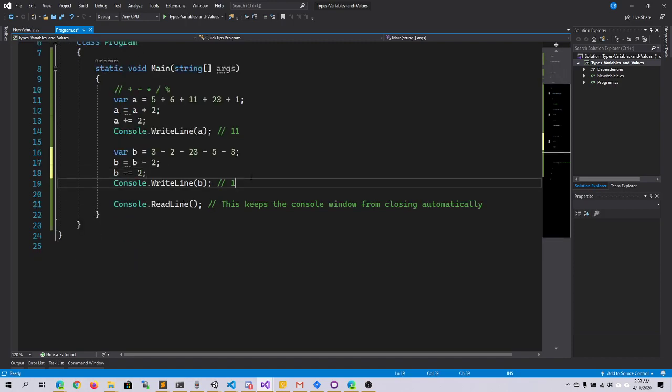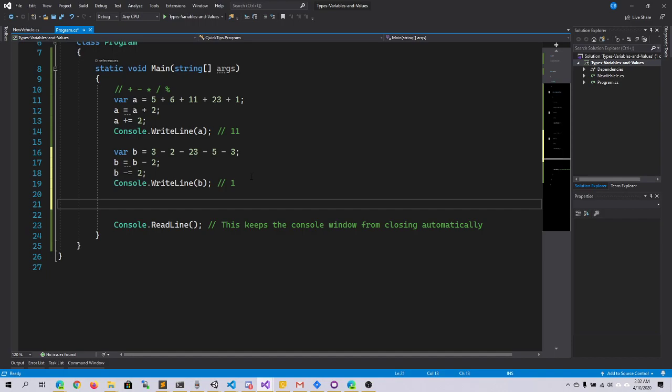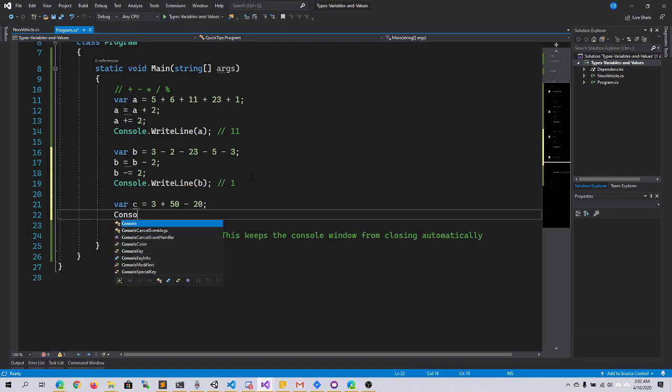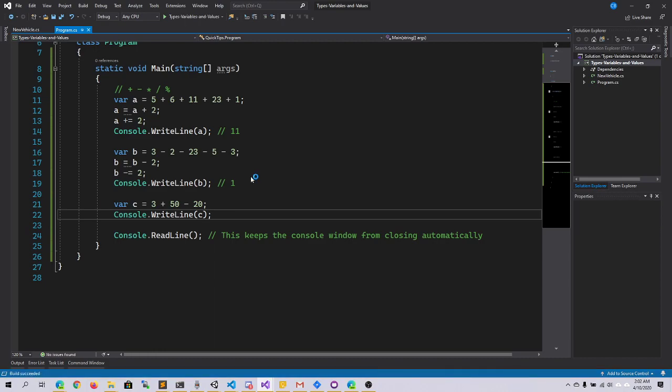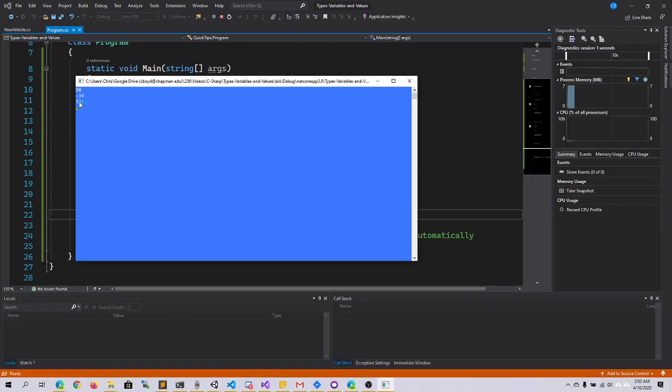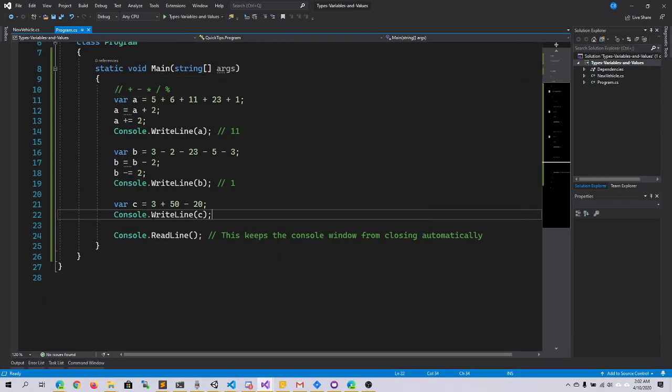Now, of course, before we move on to multiplicative operators, you can have a combination of different operators. I could do 3 plus 50 minus 20. That's going to give us what? 33. Okay. So you can combine operators all in one line.